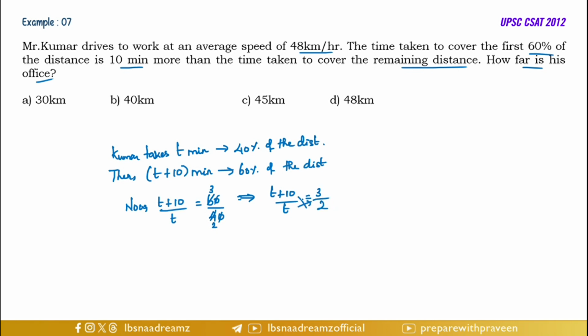Now cross multiply this. 2t plus 20 is equal to 3t. 3t minus 2t is equal to 20, which is equal to t. Therefore, t is equal to 20.